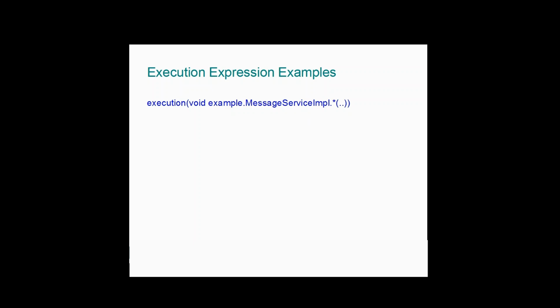So in the example package, I have a class which is message service implementation, which is Impl, and in this class, all the methods which take 0 or more parameters and return void will get picked up, which match this. All the visible methods.